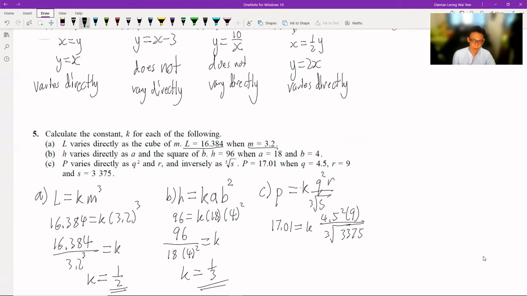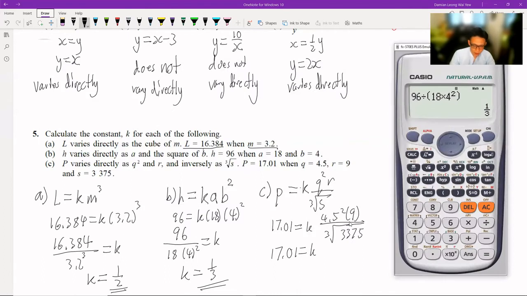Actually, this one, it will be easier to simplify this fraction first. Let's simplify the fraction here. 4.5 square times 9 divided by cube root.